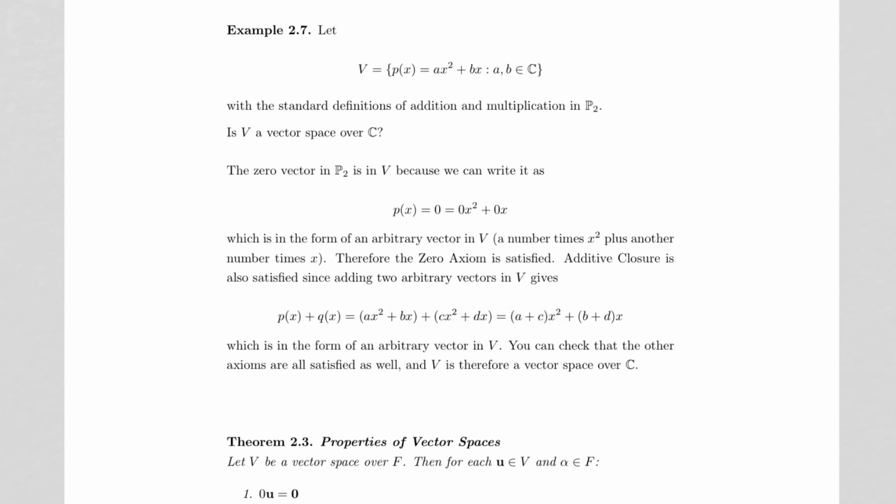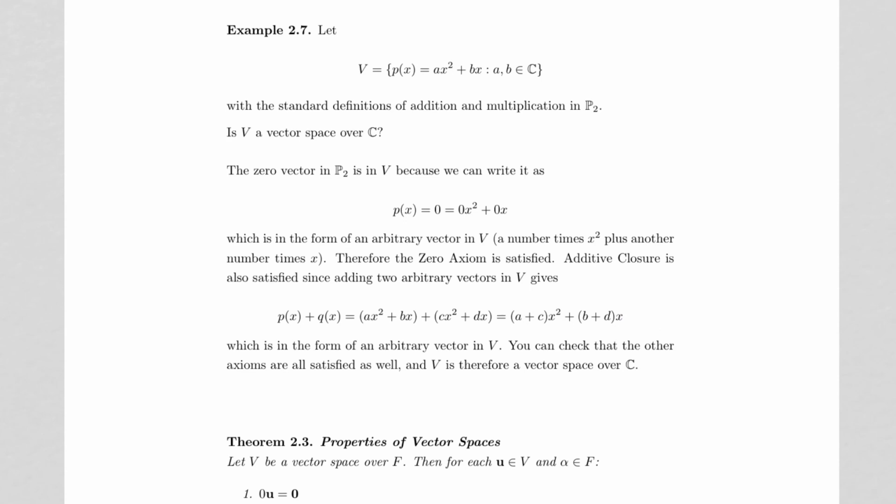Well, a plus c is just a number, and b plus d is a number, so I have a number times x squared plus some other number times x, and that's in the form of a polynomial in V. So V is closed under vector addition, and the additive closure axiom is satisfied. You can check the rest as an exercise.